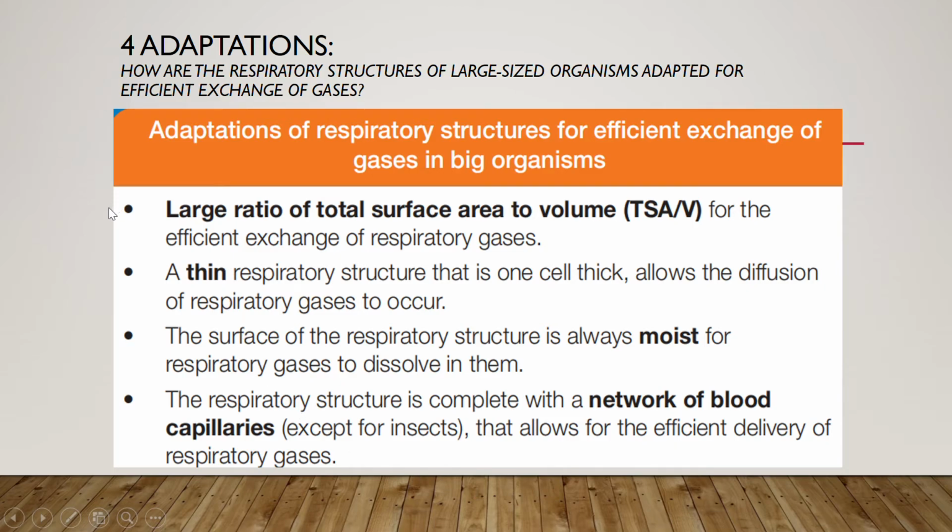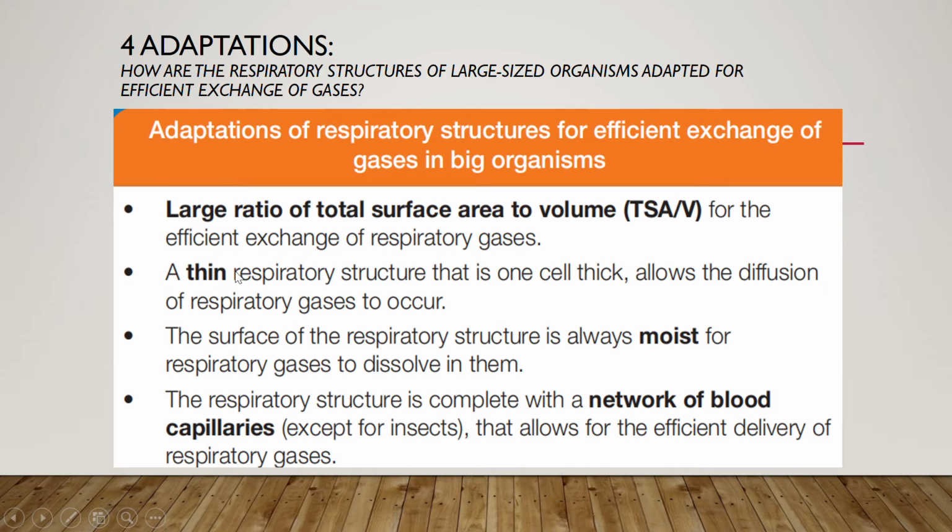The first one is that the TSA to volume ratio must be large for efficient exchange of respiratory gases. The smaller the organism, the larger the TSA to volume ratio, therefore they can exchange gases more efficiently.